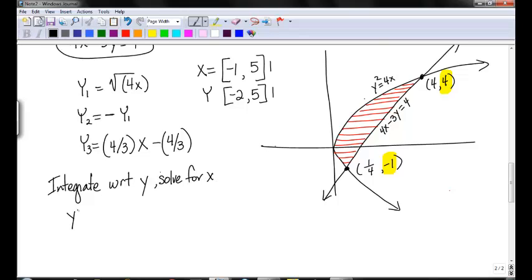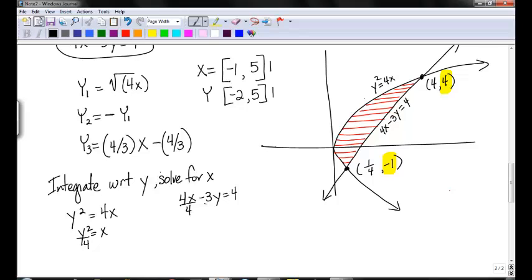So you take your y squared equals 4x. You got to solve that equation for x. So divide by 4 on both sides. So you'd have y squared over 4 equals x. On the other one, you got 4x minus 3y equals 4.